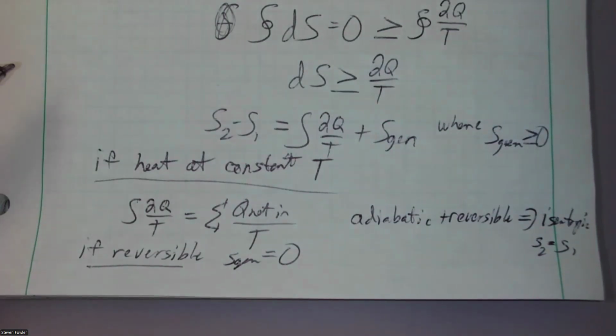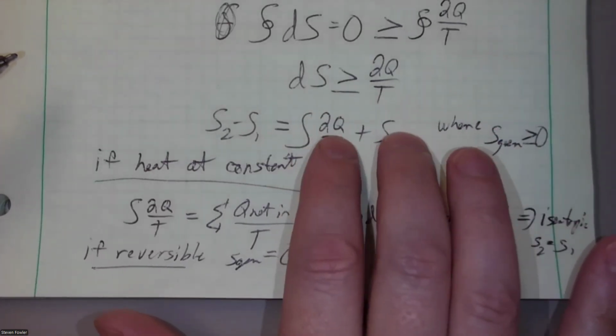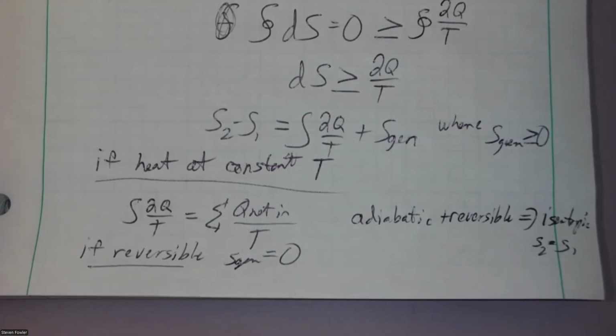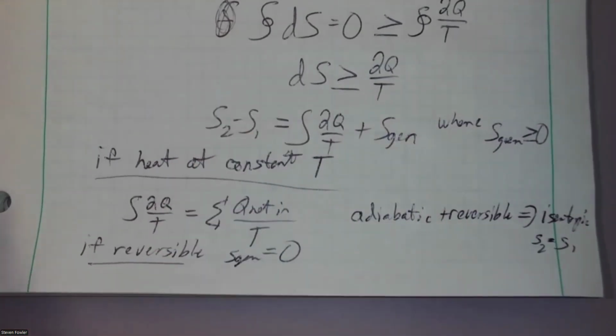And I've drawn the arrow. We've talked about why I draw the arrow. This can be the opposite of that. These can add together to be 0, and this can be isentropic. That's a weird scenario, but it does happen. But if I know it's adiabatic and reversible, if I know this is 0 and this is 0, that means this is 0. Okay.